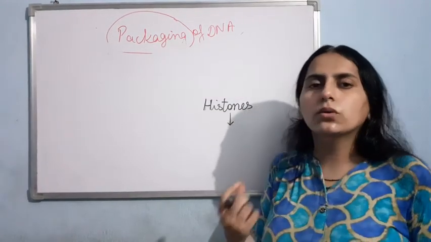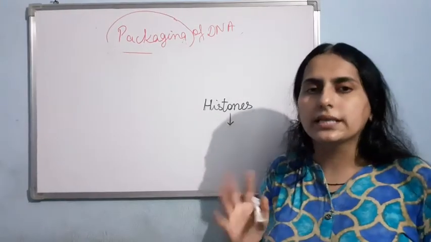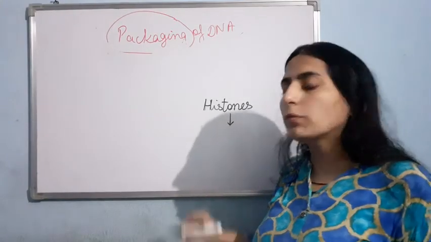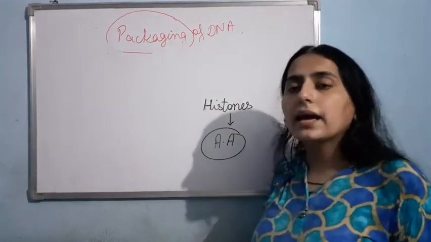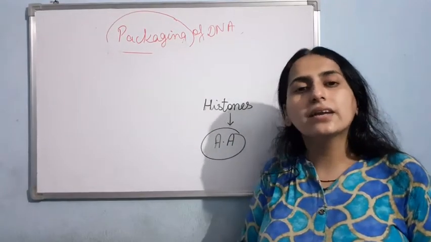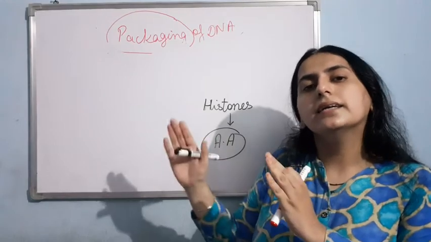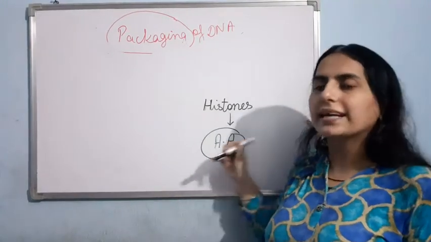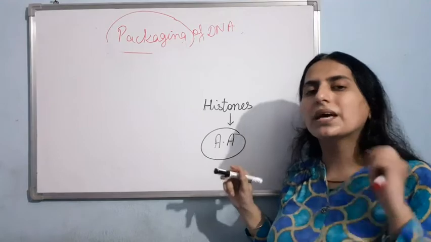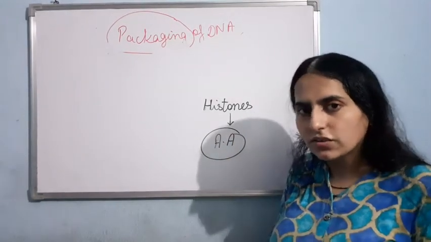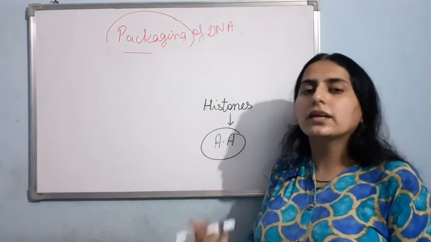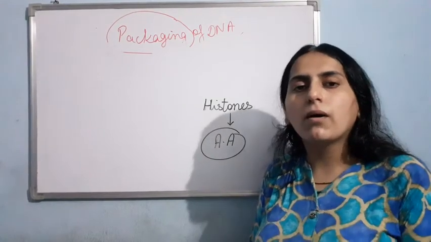Actually, as you know, histones are proteins, and proteins are made up of amino acids. And amino acids carry charges in their side chain. Suppose in their side chain they have a plus charge, then the amino acid will have positive charge, and as a result the protein formed will have positive charge.